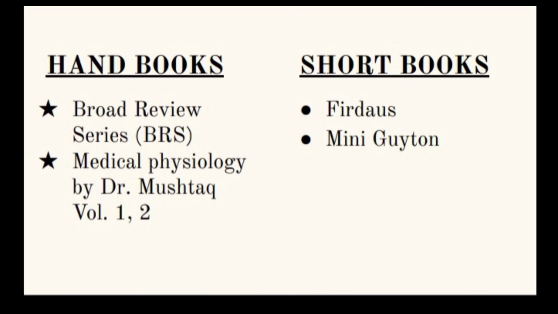But here also you need to be very vigilant, and you need to first look through the context and material of both the books. There are some topics that are cut short to a very less extent in mini Guyton, and this is in a negative connotation.